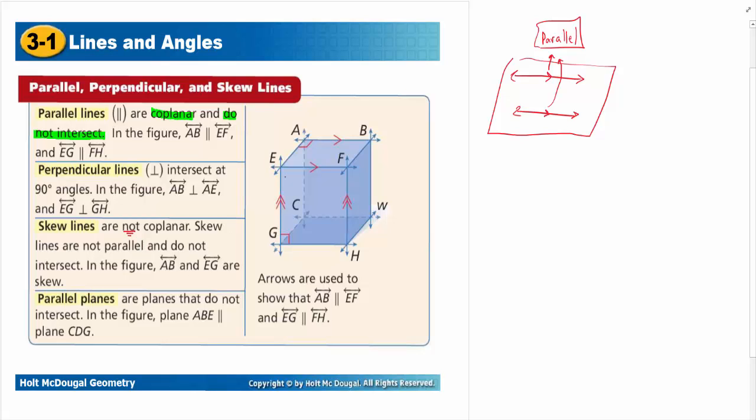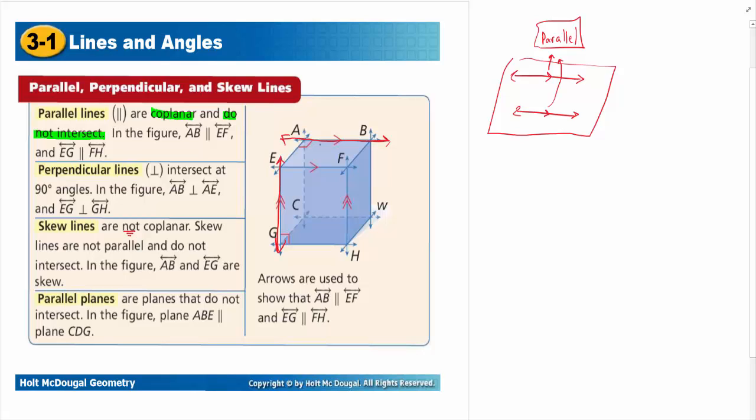So AB and EG. So we have AB, which is this guy right here. Okay, and then you have EG. EG is not on the same plane. See how it's going up and down.